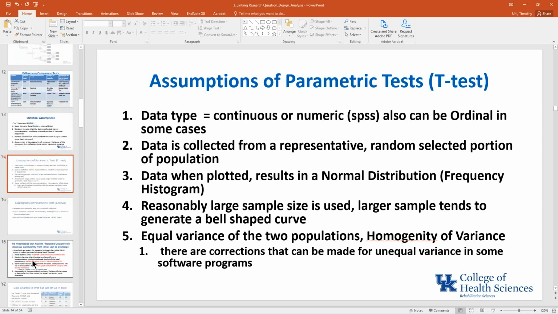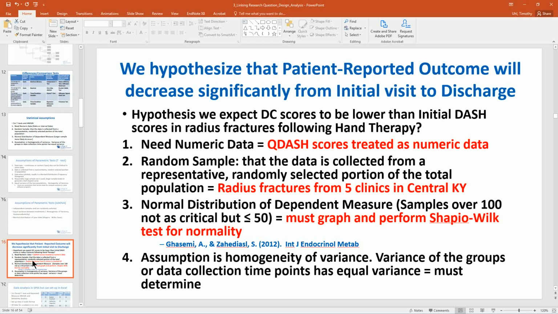Now, for an example, this is a project that I'm working on with some physical therapy and athletic training students. We hypothesize that patient-reported outcomes will decrease significantly from initial visit to discharge. This is a repeated measures design.